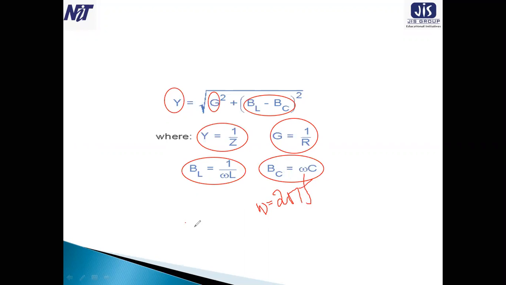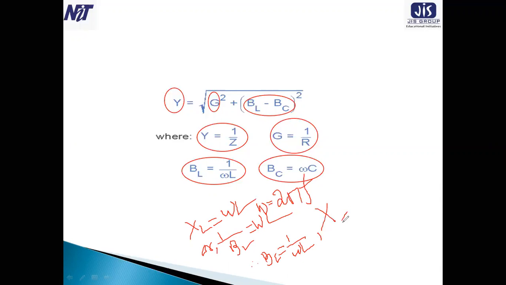So why is it 1 by omega L? Because we know that XL equals omega L, and XL means 1 by BL. So BL is equal to 1 by omega L. Very simple.